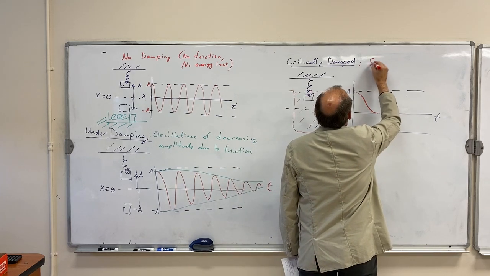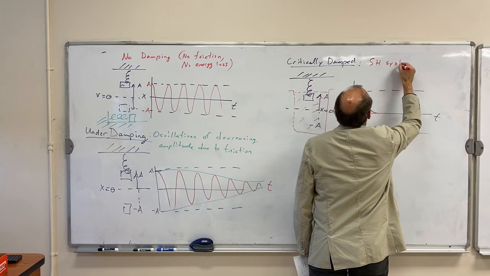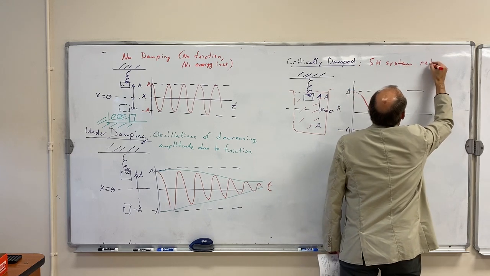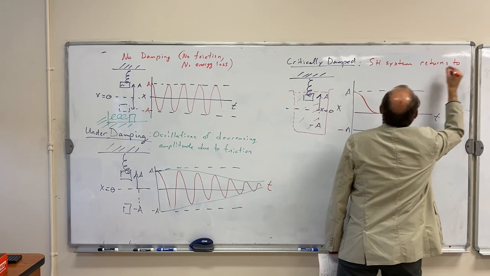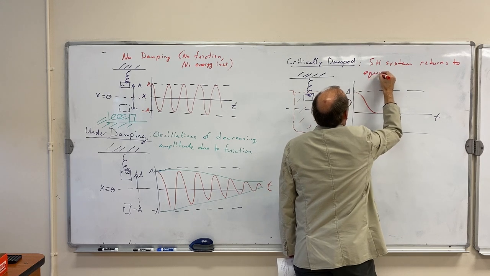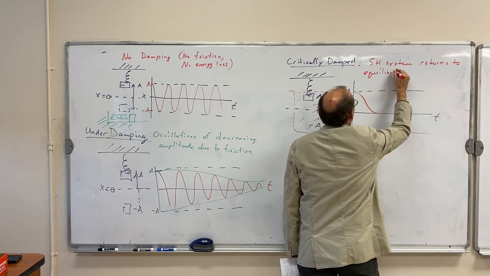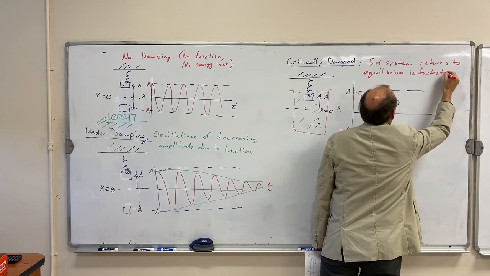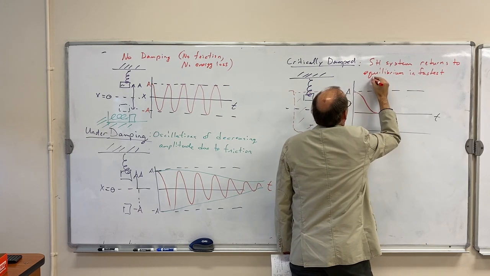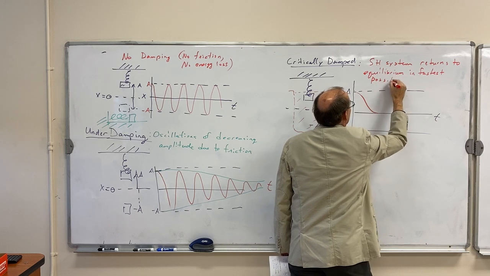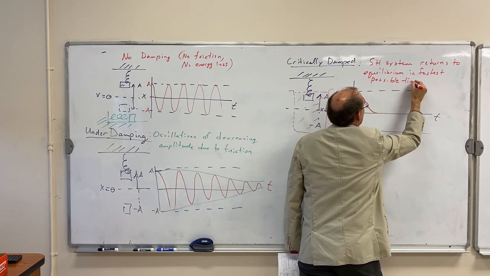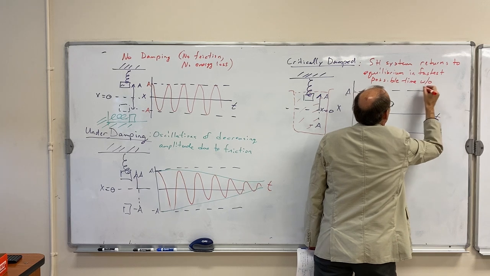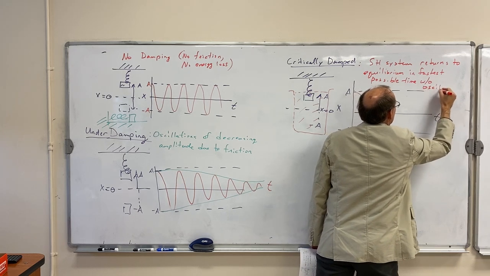So the simple harmonic system returns to equilibrium. Let's call it equilibrium instead of zero. In the fastest possible time without oscillating.